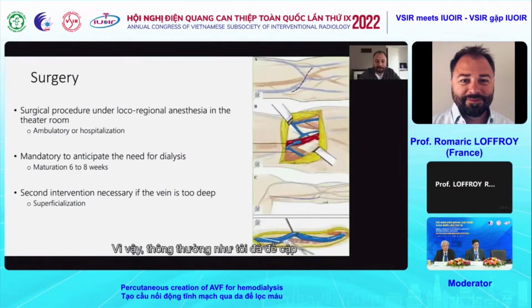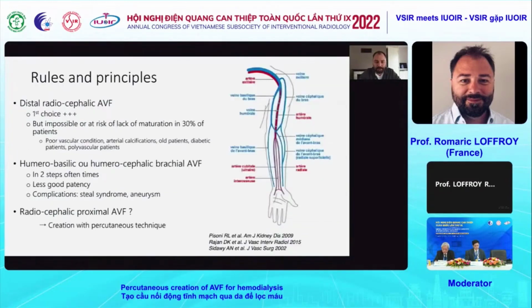So usually, as I said before, this is performed by surgery under local regional anesthesia as an ambulatory procedure, or in a patient who is hospitalized, and we need at least 6 to 8 weeks to get maturation before dialysis, of course. Sometimes we need a second intervention if the vein is too deep, which is called superficialization of the vein in a second step.